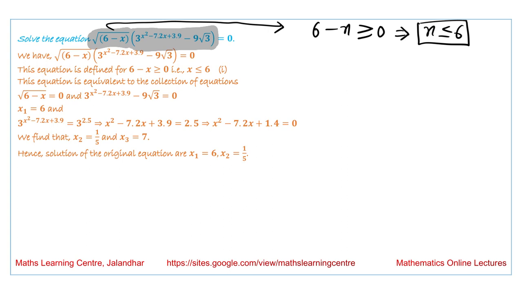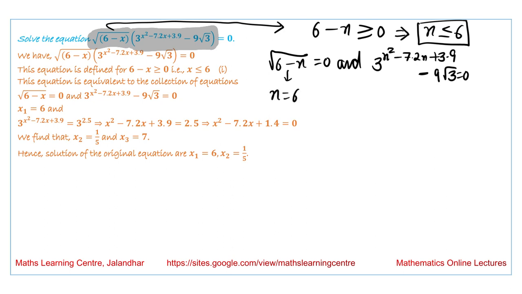Now if this is equal to 0, the system is equivalent to square root of (6 minus x) is equal to 0 and 3 raised to the power x square minus 7.2x plus 3.9 minus 9 root 3 is equal to 0. This gives us the value x is equal to 6.